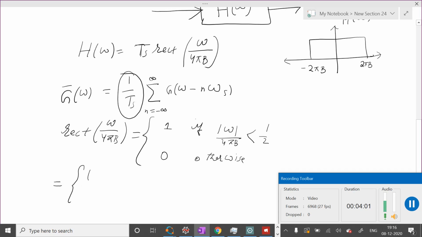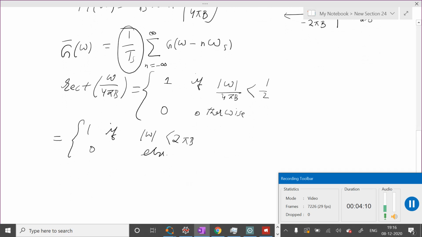So this means that it is 1 if mod of omega is less than 2 pi b and 0 elsewhere. Okay, so that is what it means. Then ts times rectangle will be ts and 0.